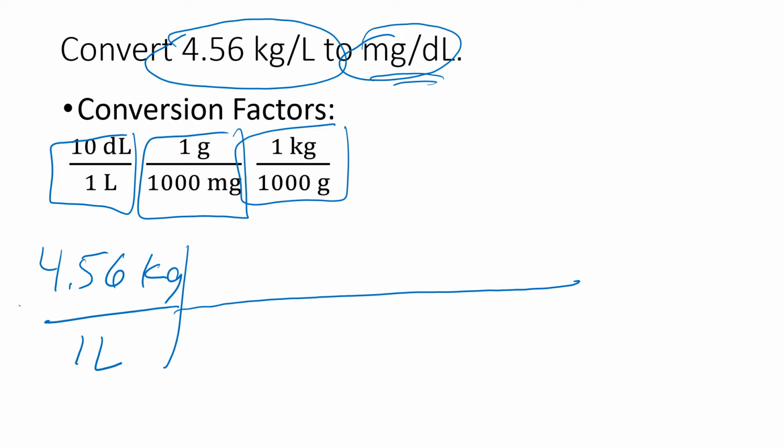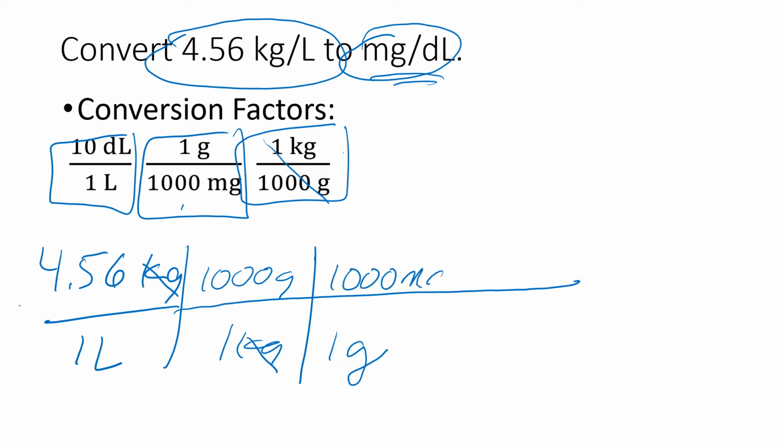So for example, I'm going to take this one. I'm going to put the 1,000 grams on the top, 1 kg on the bottom. So I'm done with this. My kilograms are canceled. Now I'm going to use this one, because that's the next one that has some grams in it. So I'll put 1 gram on the bottom and 1,000 mg on the top.